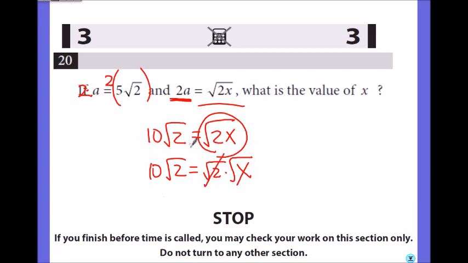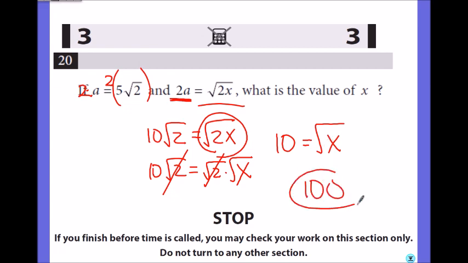So you can cancel these two. So basically you're looking for the x where 10 equals the square root of x. So what square root of a number makes it 10? It's 100. Or when you square both sides, you can undo the square root and 10 squared becomes your answer. Good job.